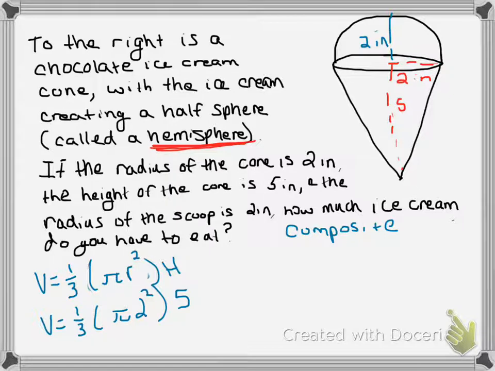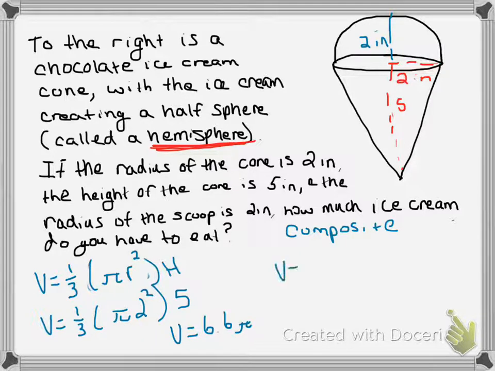Now you can put all of this into the calculator, and you can leave pi or you can calculate it. For this case, I'm going to leave pi because it's going to be easier. So 1/3 times 2 squared times 5 gives me 6.6. Alright, so I get volume is equal to 6.6 pi.